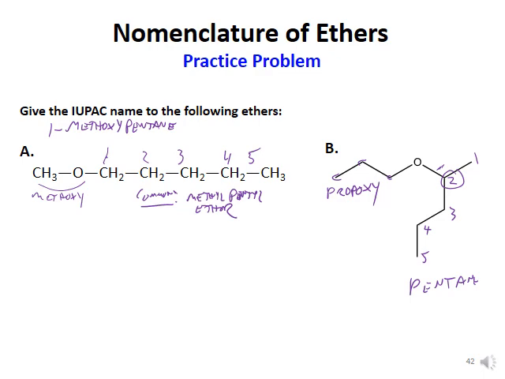So that's why we would call this 2-propoxypentane. All right, that's the IUPAC naming process for ethers.